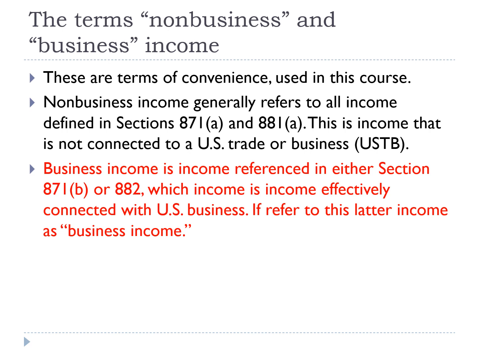Business income is income referenced in either section 871B or 882, which is income effectively connected with a U.S. business. The terms non-business and business income are not used in the code in the manner that I use them. However, using the terms in this course makes it easier to explain things.